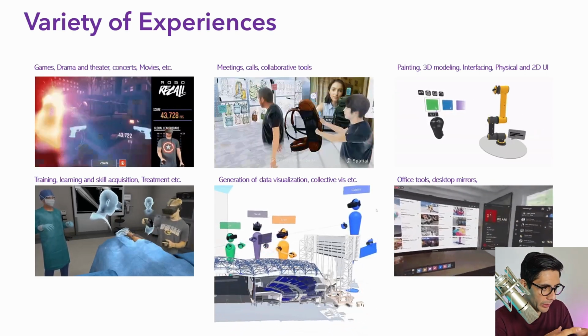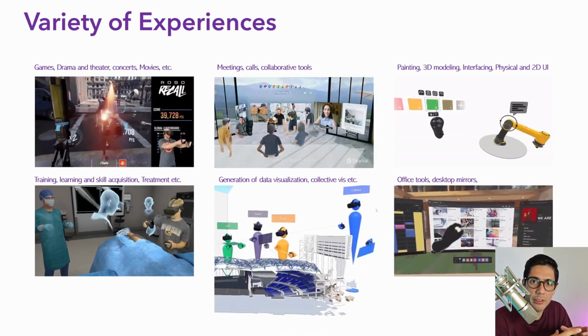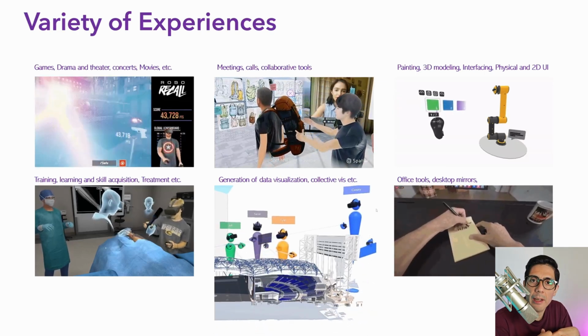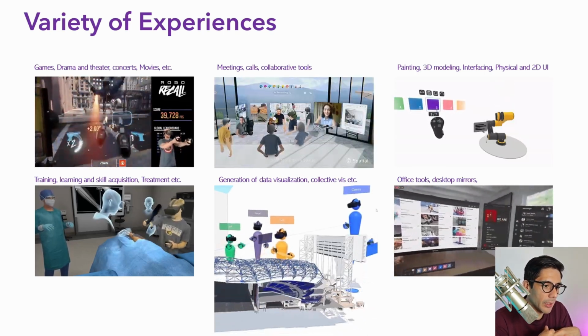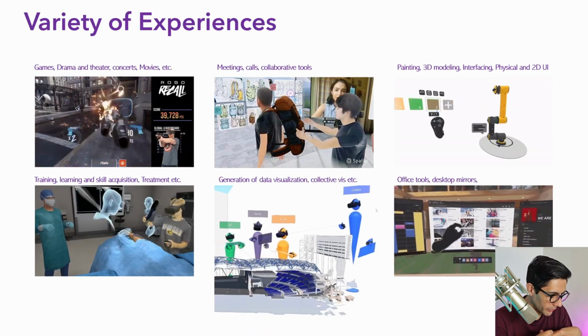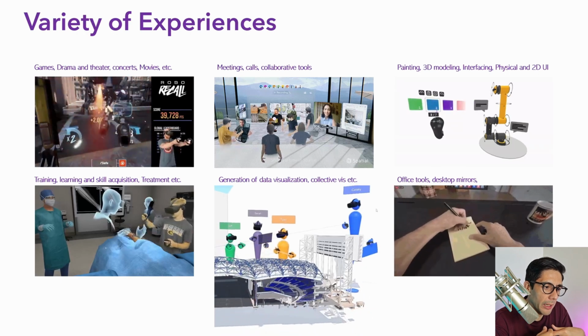We have games, right, drama, and theater, such as Under Presence, for example, a game that was a drama with real actors behind it. So games are always the early adopters of new mediums, which is super positive because it allows us to show more or less how the market could work.